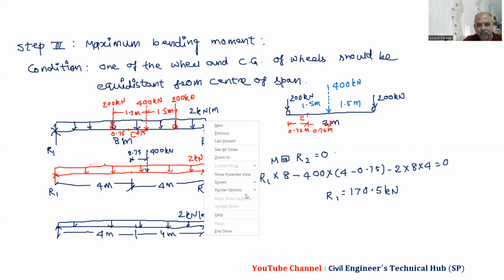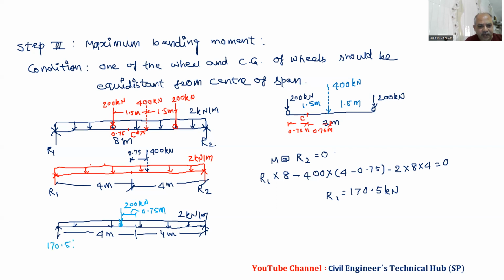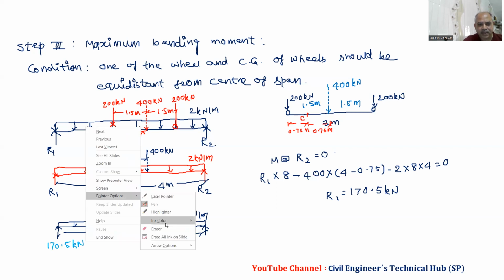Then we show that one of the wheels which is equidistant from the center, 200 kilonewton, and this distance is 0.75 meters. Now we have to take moment under this load. So this reaction is 170.5 kilonewtons.